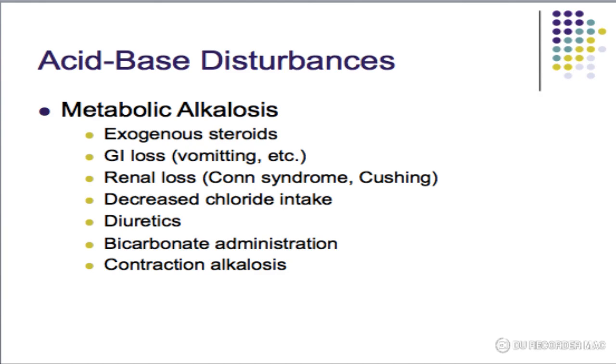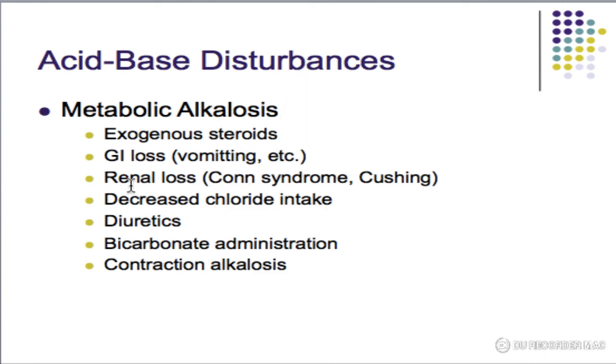So what are the causes of metabolic alkalosis? So the patient is more on a metabolic compromise, no? Exogenous steroids can cause metabolic alkalosis. Pag sinabi, what are the factors that contribute to metabolic alkalosis? Means that there is an increase in your bicarbonate, no, increased number or value on your HCO3 or bicarbonate.